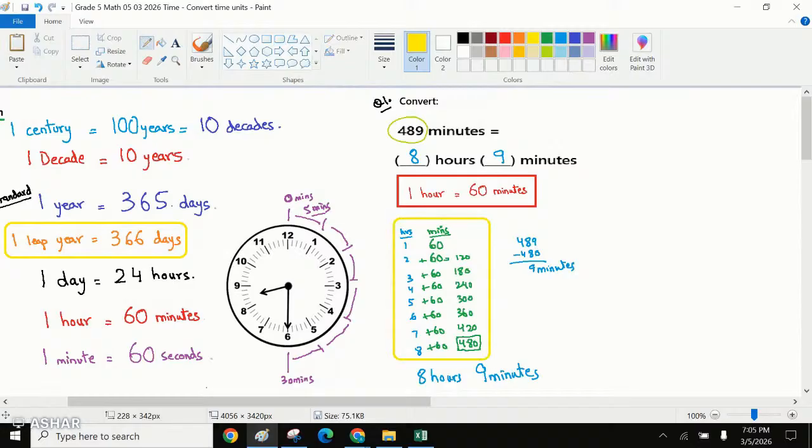Do we agree? 8 hours had 480 minutes. The total time given to us was 489. So out of 489, if we subtract 8 hours that had 480 minutes, we are left with 9 minutes, right? Do we agree on this?